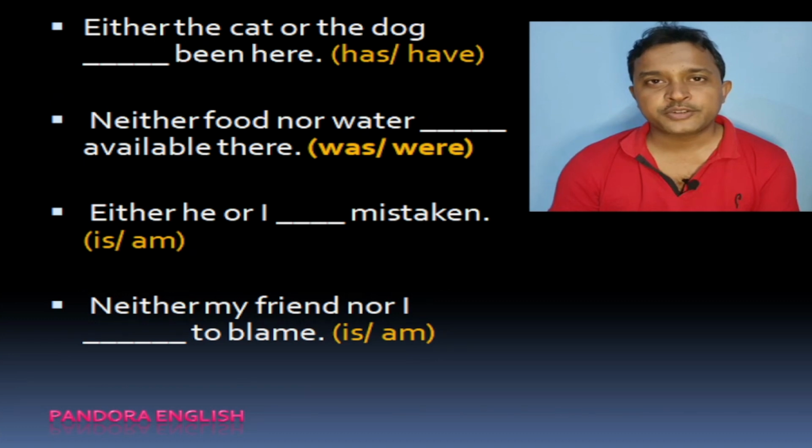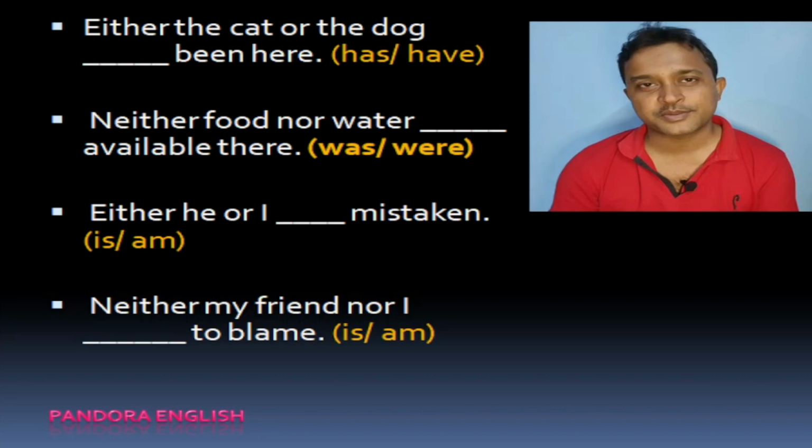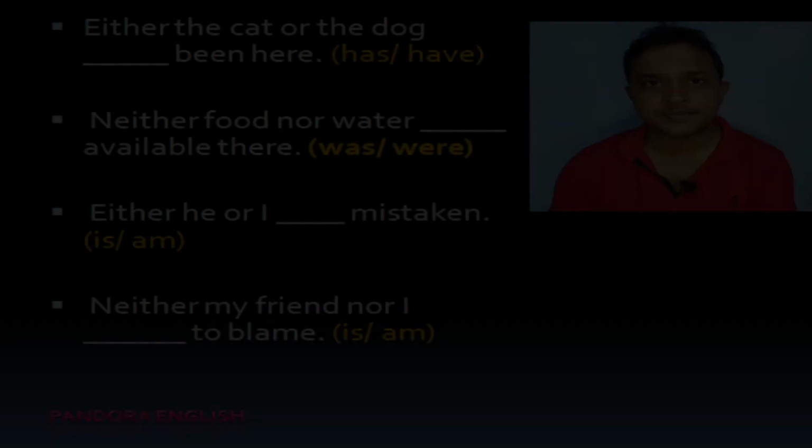Now try to guess the answers of these fill in the blanks questions. Remember the subject verb agreement rule that similar things joined by either or neither nor require a singular verb.